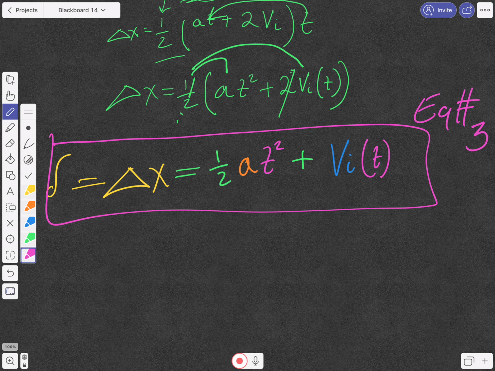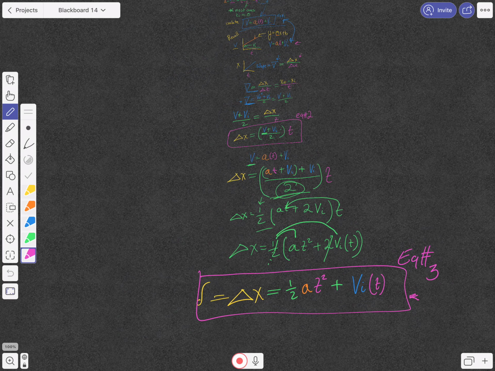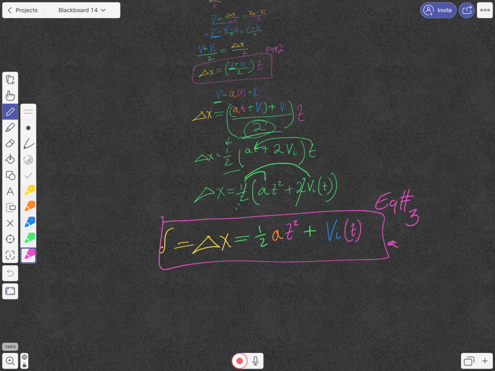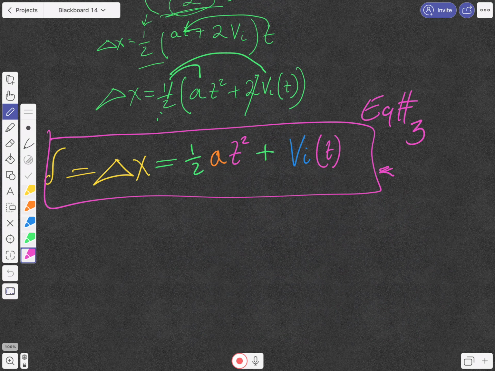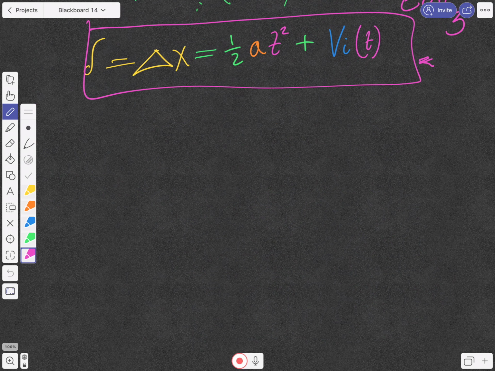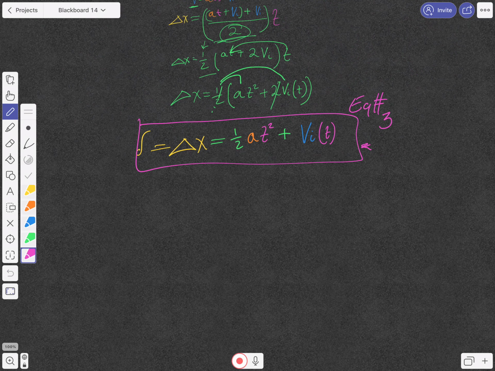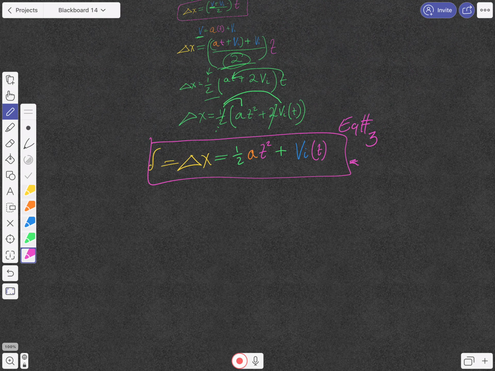Now, if you're in my class, this equation is actually already on our board. Actually, all of the equations we've done so far have already been added to our list of equations, but we're just deriving where they came from. So now we still have our first equation, which I'm going to bring down again.